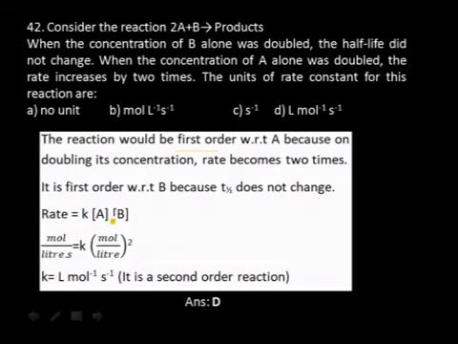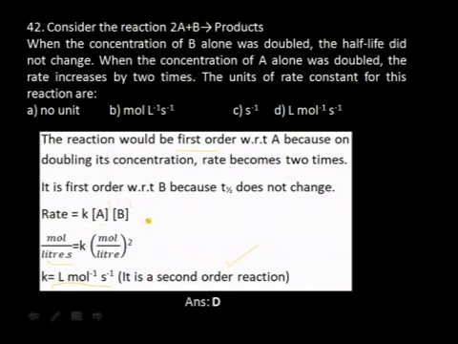Obviously, order with respect to A is also 1, and order with respect to B is also 1. So therefore, rate of reaction, which is normally expressed as mole per liter per second, is equal to K into concentration of A into concentration of B, that is mole per liter whole square. If you cancel mole per liter, you are left with liters per mole per second.